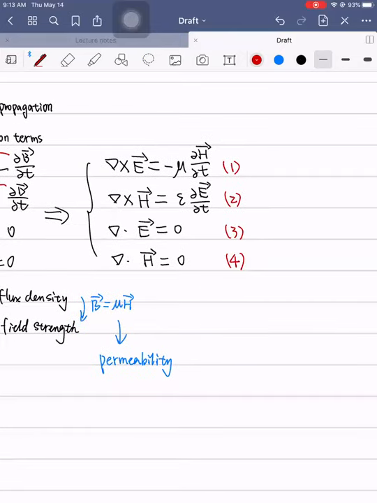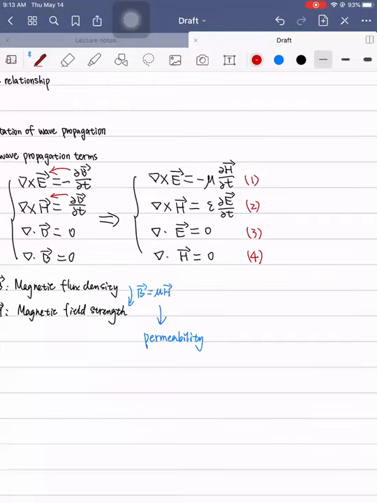So 4 equations, 2 unknowns. We can easily derive one equation only containing a single variable.